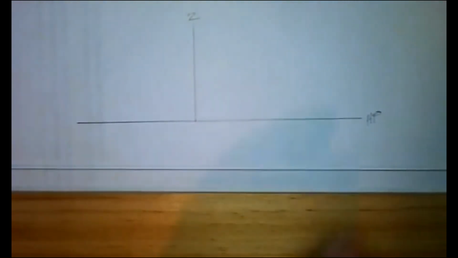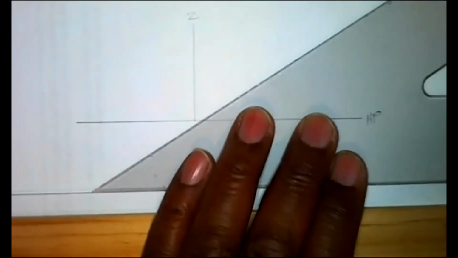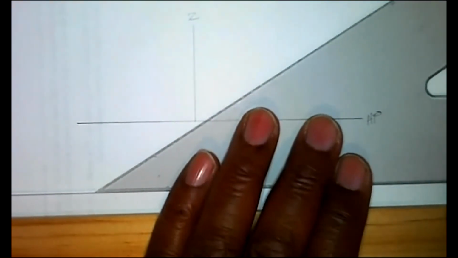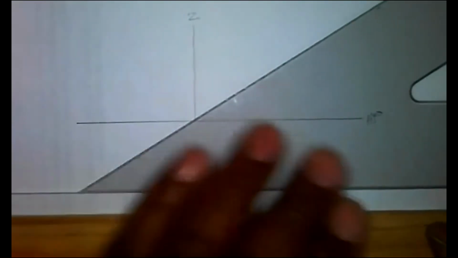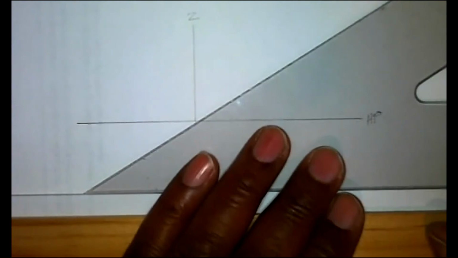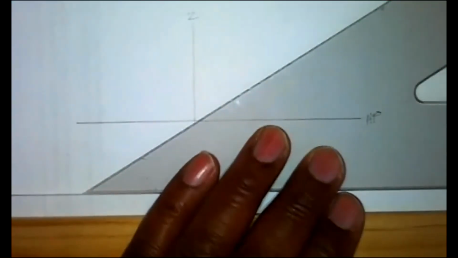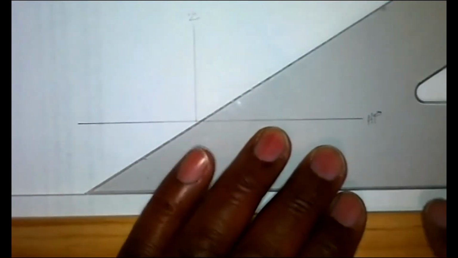And then we have an x-axis, which is drawn at 30 degrees from the horizontal plane, as illustrated in the video, okay? So I'm starting at the intersection of the z-axis and the horizontal plane, and I'm establishing my x-axis at 30 degrees. That's why you're gonna need your 30-60 triangle to do this, okay?